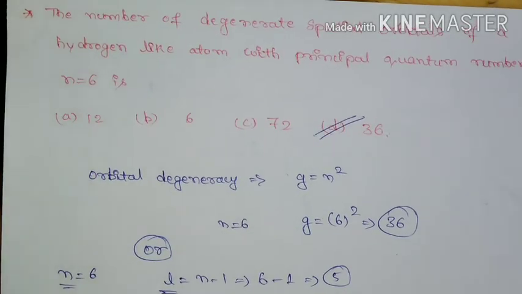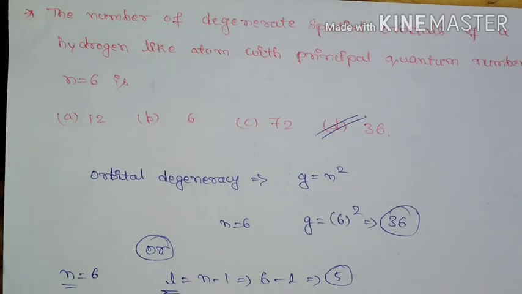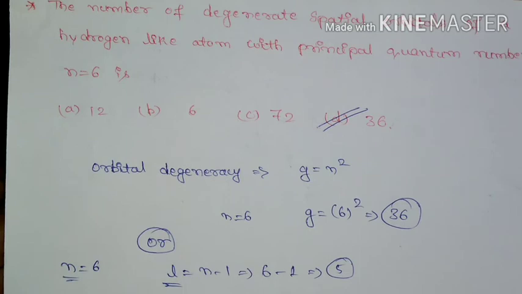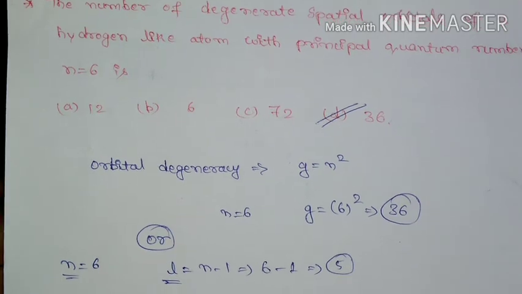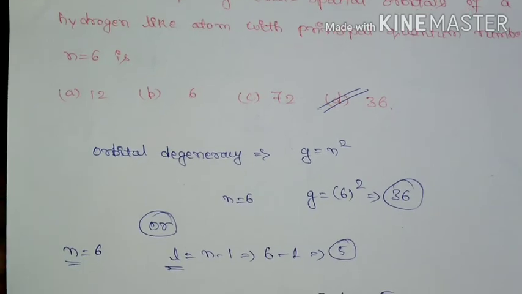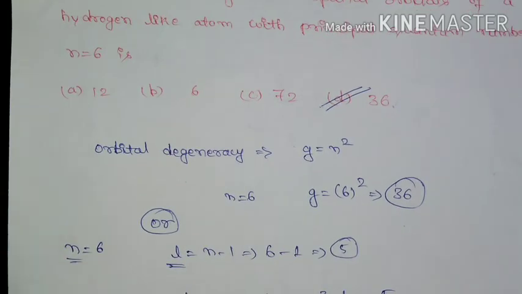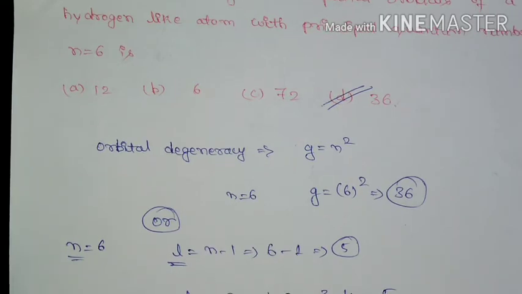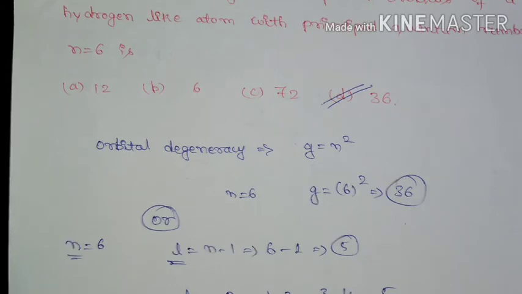Next question, the number of degenerate spatial orbitals of a hydrogen-like atom with principal quantum number n is equal to 6. Here the degenerate orbitals for principal quantum number n is equal to 6 is option D, that is 36. So in order to find orbital degeneracy, we can use the formula G is equal to n square. Since n value given is equal to 6, if we substitute we get 36.